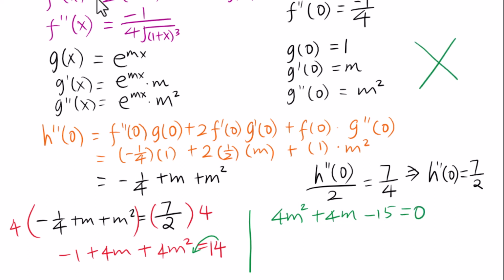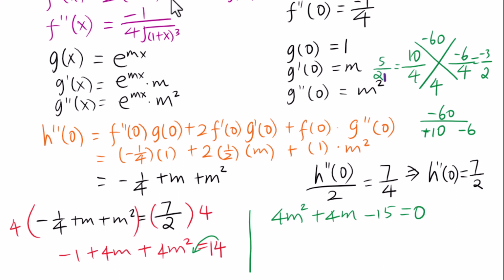Using the X method: 4 times -15 is -60, and we need numbers that add to 4: -6 and 10. Reduce: -3/2 and 5/2. The variable is m.